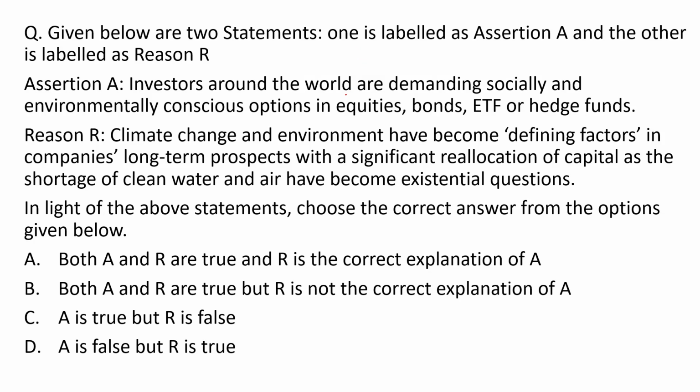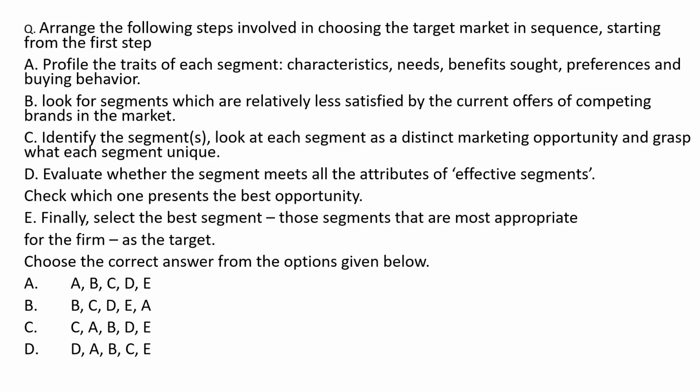And the reason, to a large extent, is related to the assertion only: climate change and the environment have become defining factors in a company's long-term prospects, with a significant reallocation of capital as the shortage of clean water and air have become existential questions. So obviously both assertion and reason are correct, and the reason is a right explanation of the assertion. Okay, now let's move to the next question.